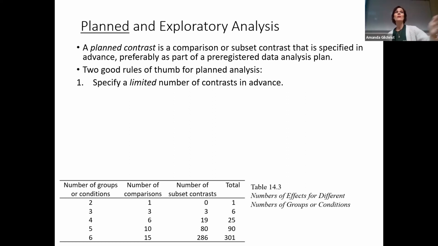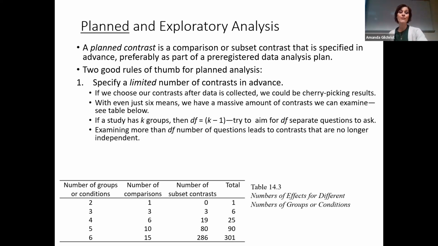And ideally, remember our rules of open science, you would want a pre-registered data analysis plan. Now, here are 2 good rules of thumb. First of all, and I'm going to stop with this slide, you need to specify a limited number of contrasts in advance. You can't choose your contrasts after collecting your data because you look like you're cherry picking.